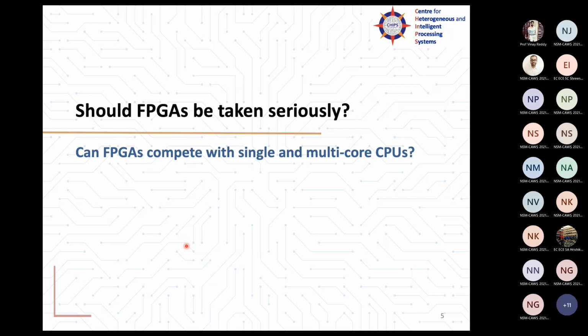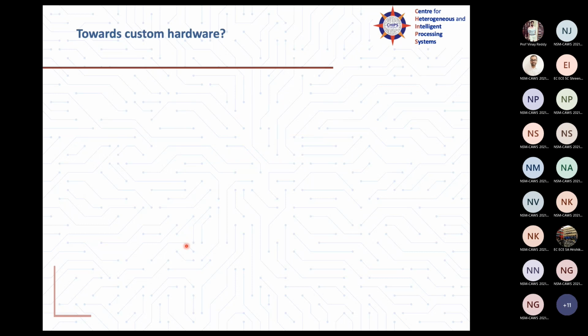They are representative of a wide class of architectures that can be called dedicated hardware, custom hardware, or architectures that can be customized during deployment. They are also representative of programmable hardware that can be customized for application specific behavior. Okay, so we are talking about moving towards custom hardware.